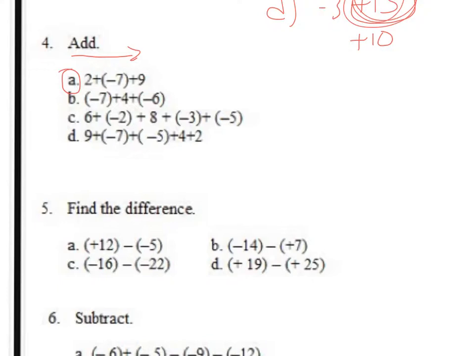There's no multiplication and division, so then you go left to right doing adding and subtracting. So let's do this part first. And we have two numbers and we're adding, so the signs are different. I keep the sign of the largest number, which will be the negative 7, so my answer is a negative. So 7 minus 2 is 5. And then I'm going to go plus 9, I keep that. And then I do the next question.